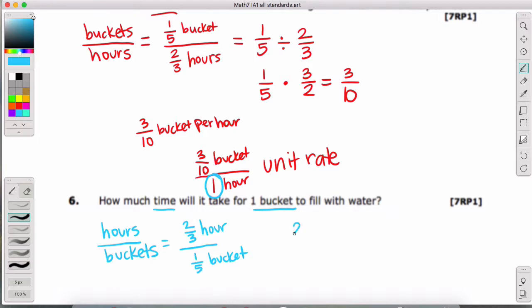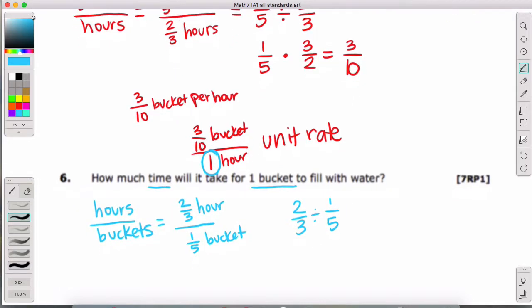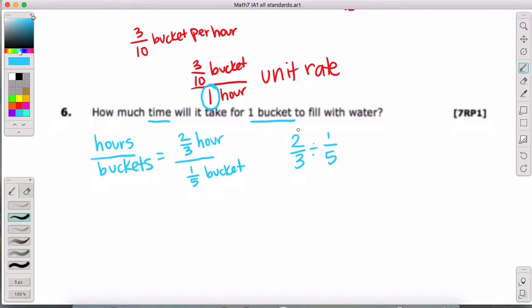So we're going to take 2/3, divided by 1/5, and I know that in order to divide two fractions, I'm going to take 2/3, stay, flip division, and flip 1/5. So dividing by 1/5 is the same as multiplying by 5/1.